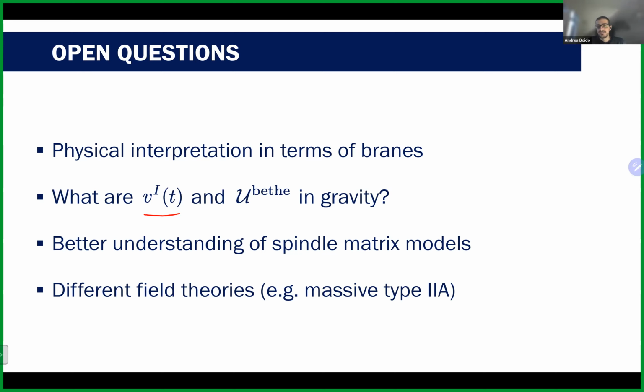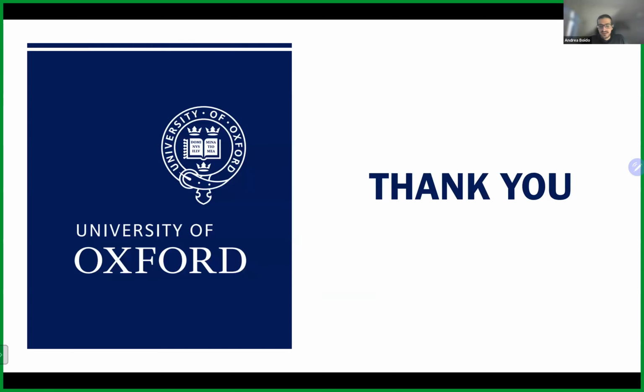These have N to the 5/3 scaling. The matrix model in the end is quite similar, but it's not clear to me how you would apply these ideas there, because you don't have any M theory circle, which is quite crucial for what we did in this project. So yeah, I think I'm done. Thank you for your attention, and if you have questions, I'm happy to discuss.